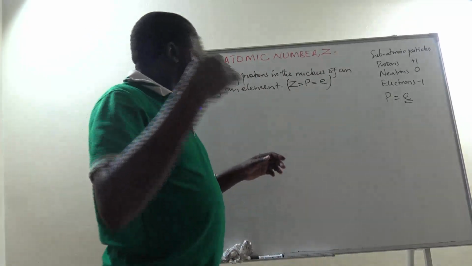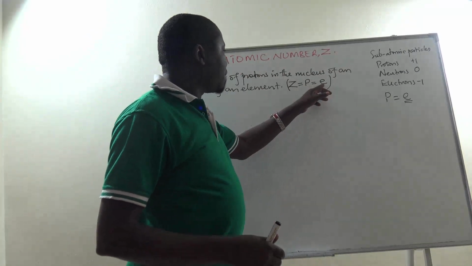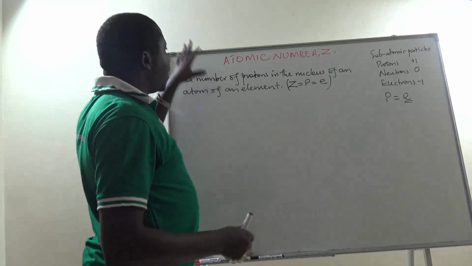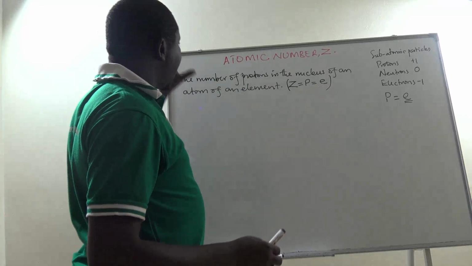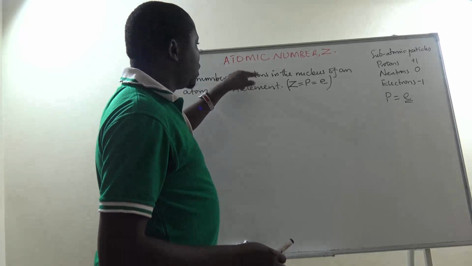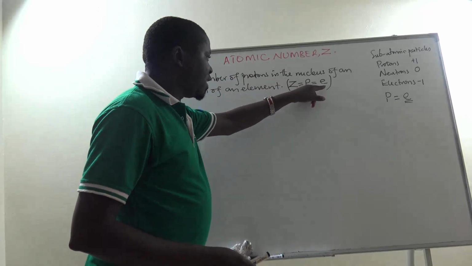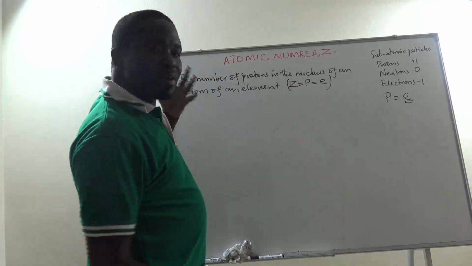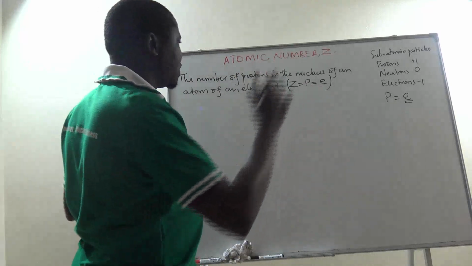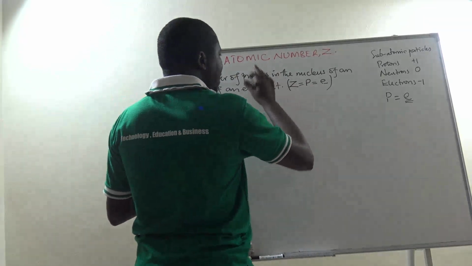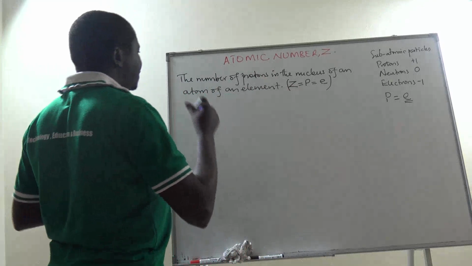And we also now take it to be the same as the number of electrons. But when we are defining atomic number, we strictly talk about the number of protons. We don't talk about the number of electrons in this case, because the number of electrons keeps on fluctuating. It is not constant. But the number of protons is ever constant. So let us look at the first 20 elements.